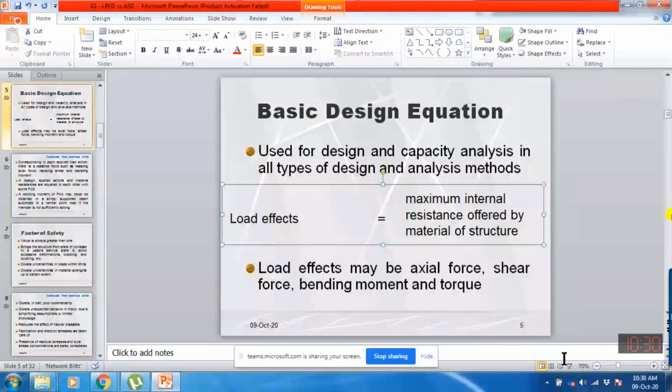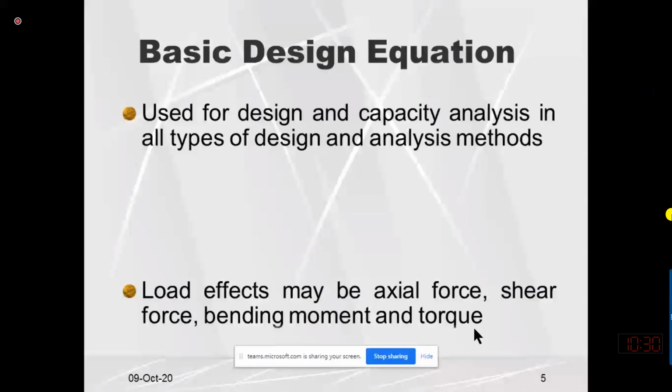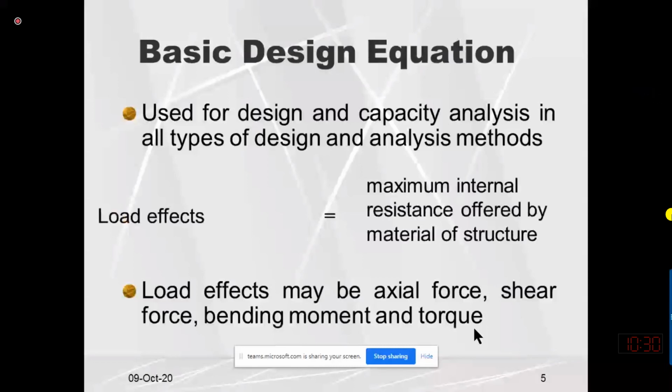So actually design equation is that we want to compare two things. We want to compare the applied load effect against the maximum resistance offered by shape of a material. Here I am using a word load effect. What is the load effect? Load is a general word.